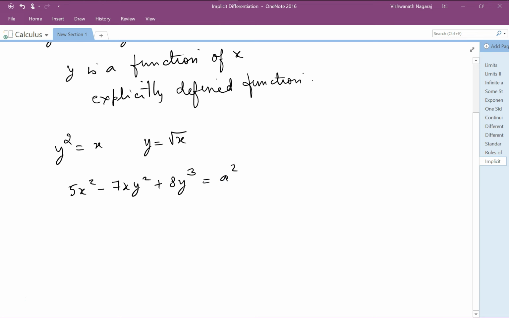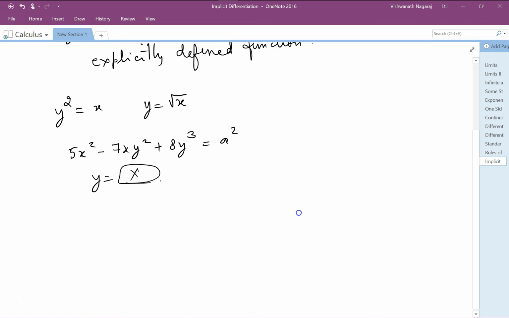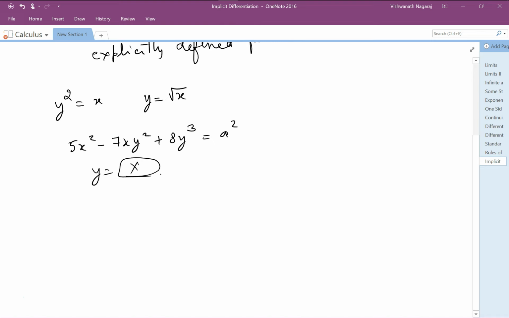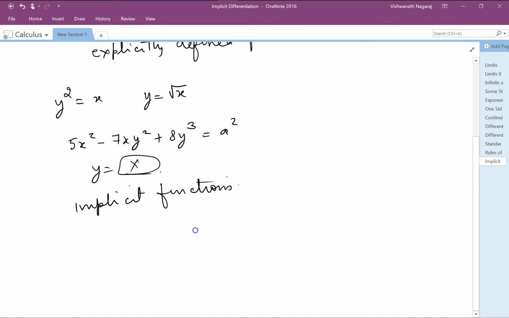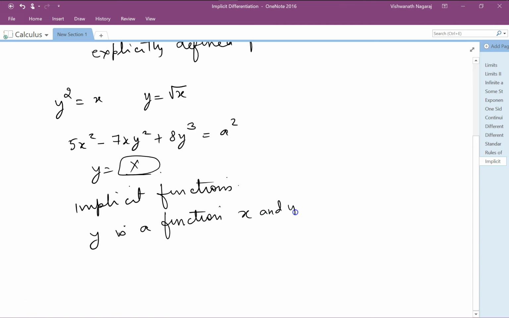We can't really convert it into a function which goes y equal to. So we can't convert this into an explicit function. So such functions are called implicit functions. And we say that y is a function of x and y.